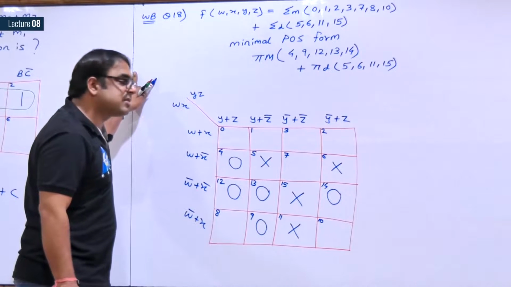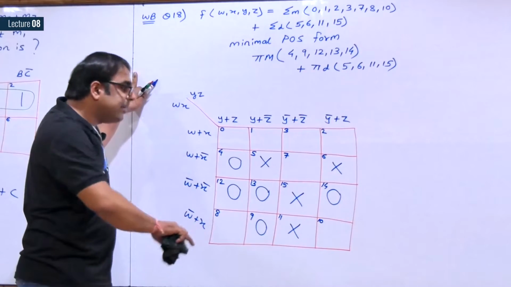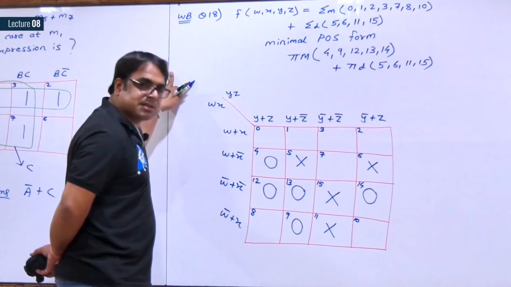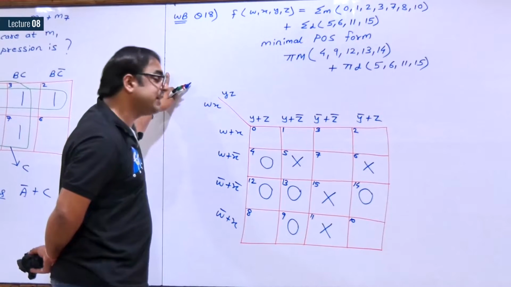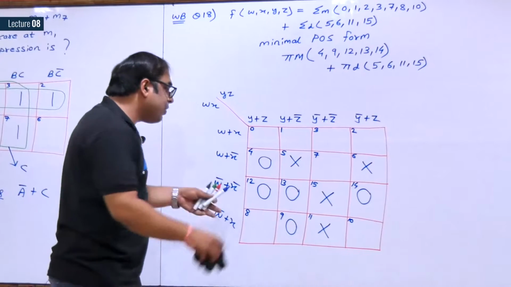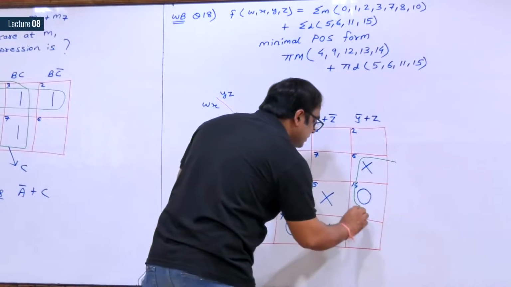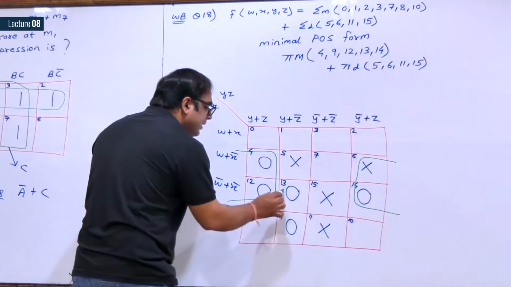I feel some of the students will make a mistake while making the groups. So I want you to try once and then check from my video whether you have done it correctly or not. Now the best possible group is this quad along with this quad.